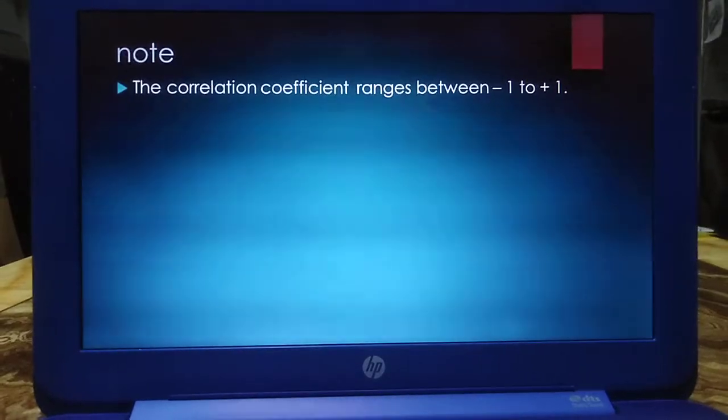The correlation coefficient ranges from -1 to +1. The value of the correlation coefficient can only be between 1 and -1. So again, the sign will determine the nature of the relationship, and the value will determine the strength of the relationship.